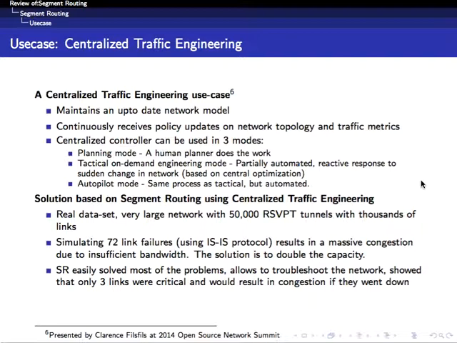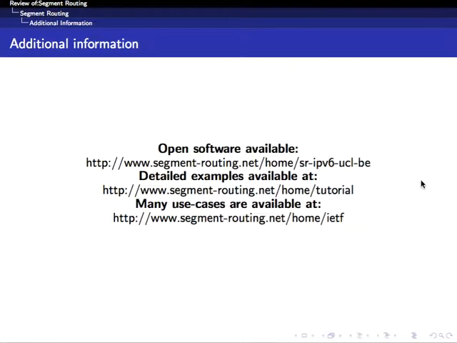So we can see that segment routing is really useful to network operators from multiple perspectives. Not only does it solve the routing efficiency issue, but it's also a great tool for troubleshooting the network.